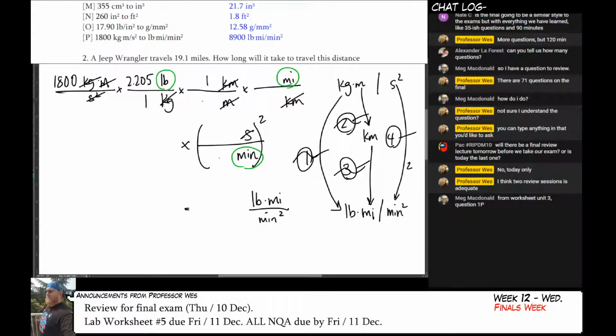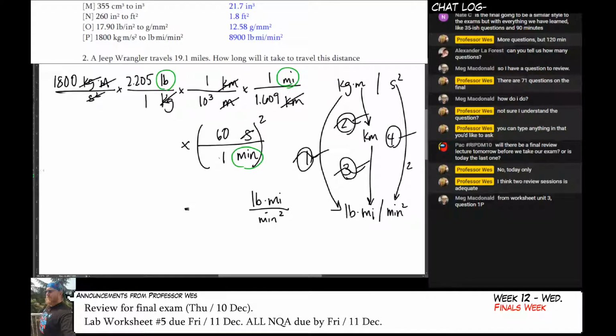How many meters are in a kilometer? That is 1,000. And then a mile is 1.609 kilometers. Let me double check that one. Yep. And then there are 60 seconds in a minute, but we're going to have to square that.